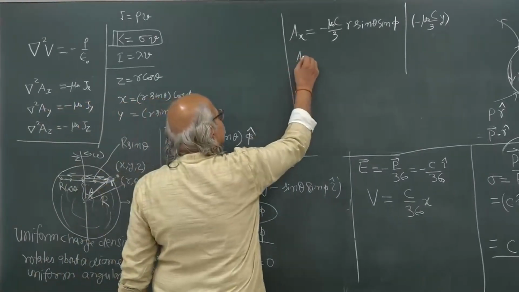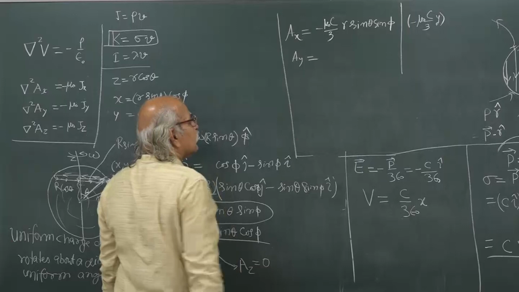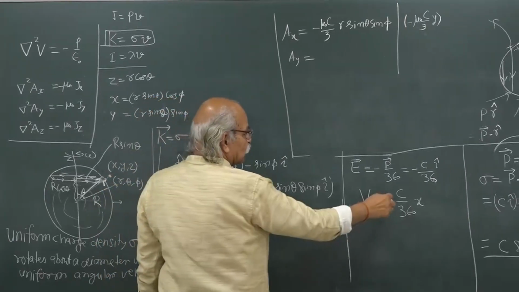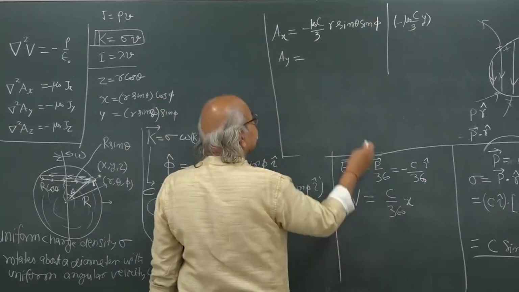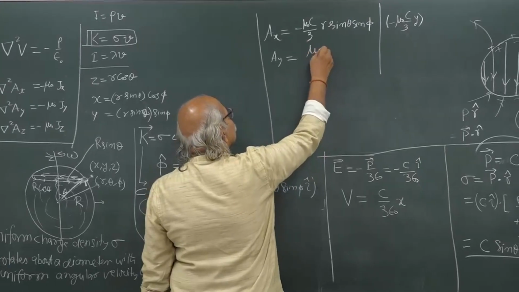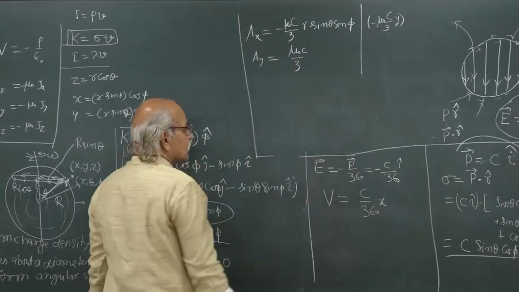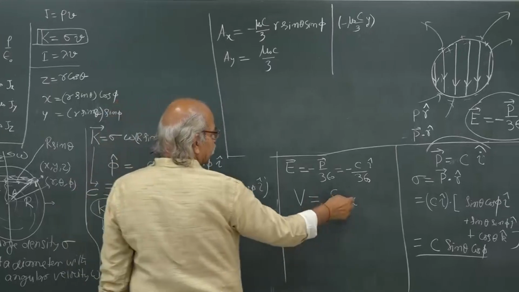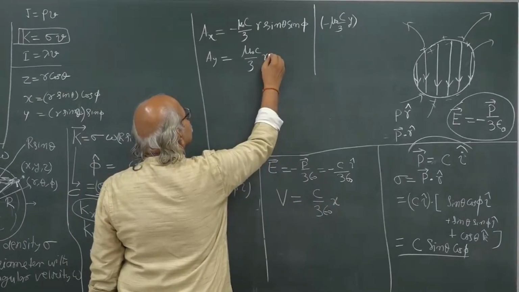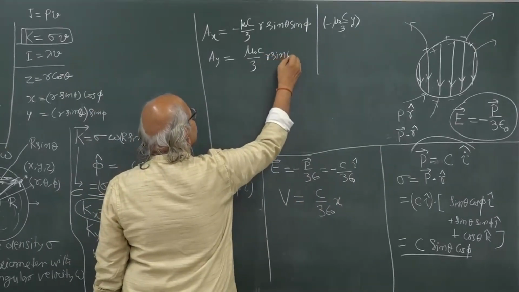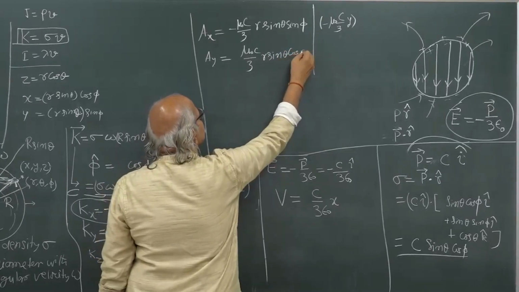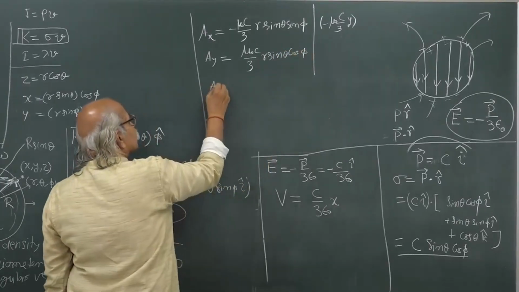So, Ay is equal to, instead of 1 by epsilon naught, I will be writing mu naught, so it is mu naught c by 3 times x, and x is r sin theta cos phi, and Az is 0.